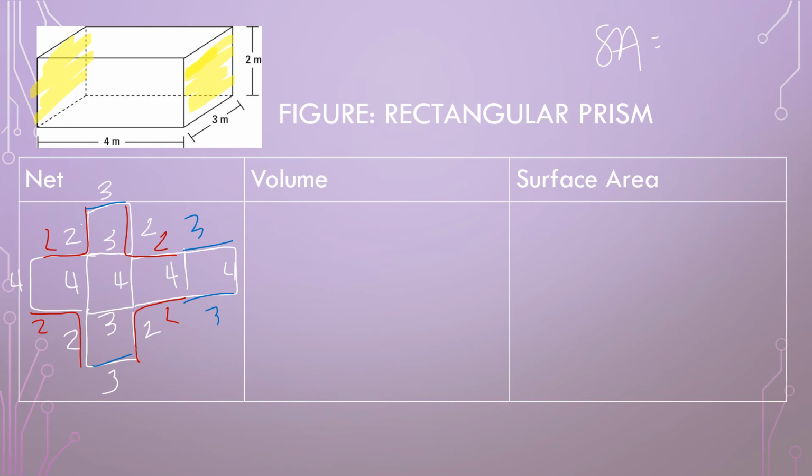So surface area is 2 times b plus p times h. So the area of a square or a rectangle here is length times width, or base times height. So to find the b, I need to do 2 times 3, which is 6.